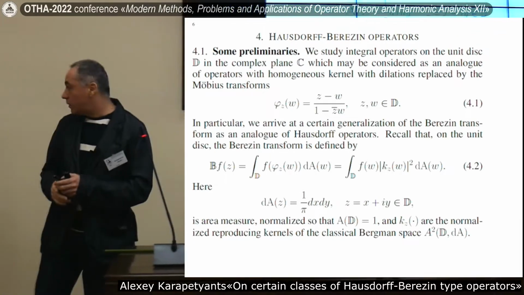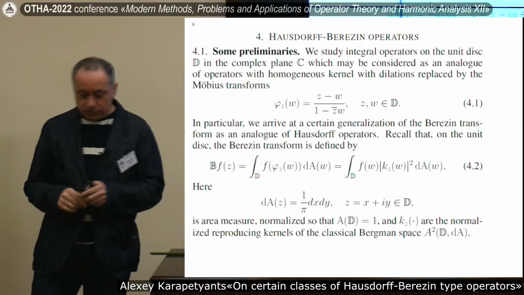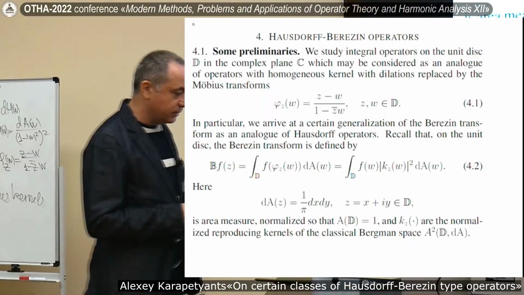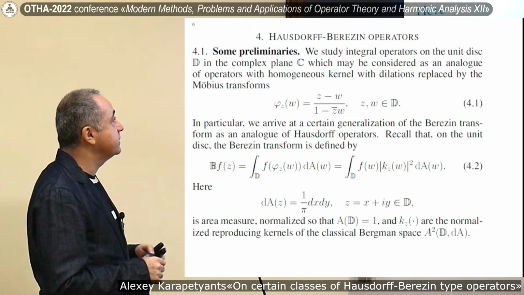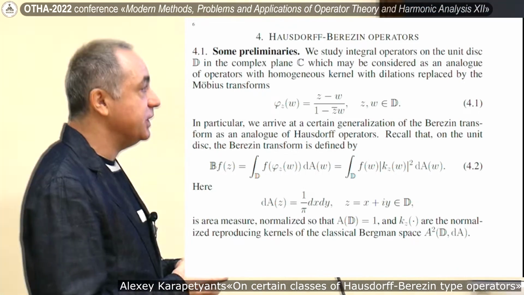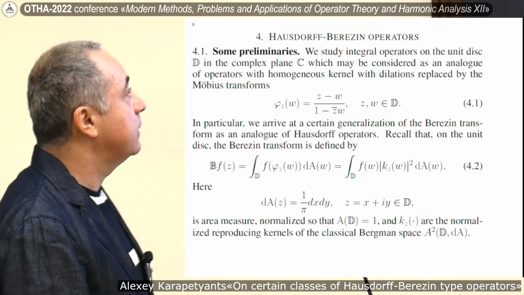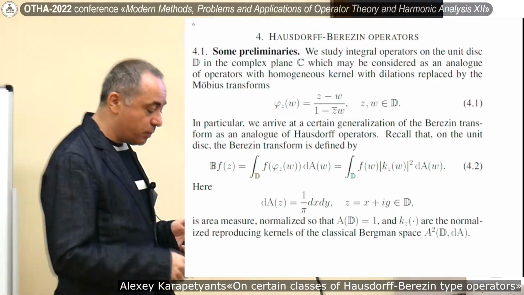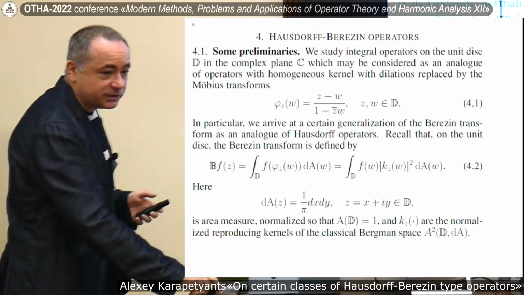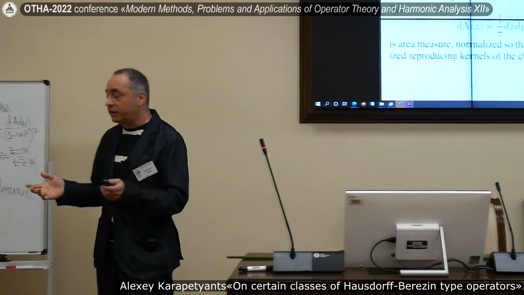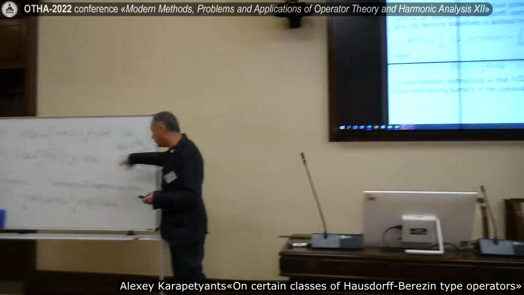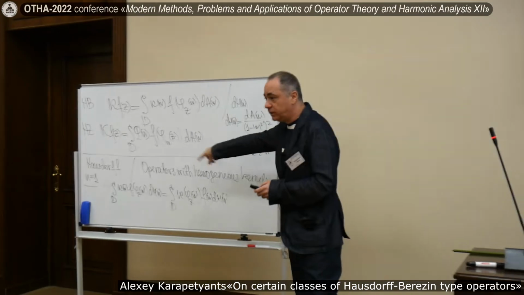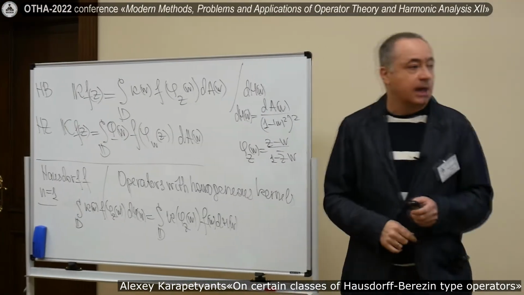Okay, now we go to the first topic of my presentation: our results on Hausdorff-Bergman operators. I need to explain why Bergman operator, why Hausdorff-Bergman. Hausdorff you already understand because of this kind of homogeneity or invariance property.